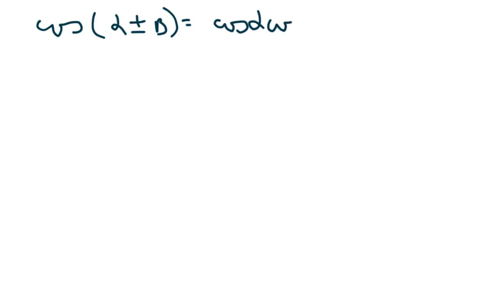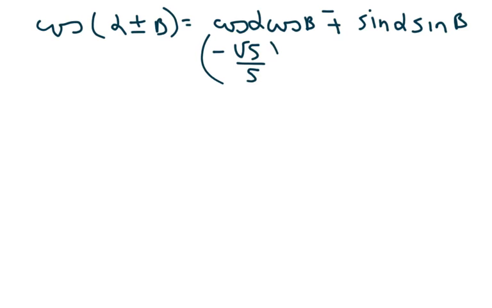Let's see what happens with cosine. So we have cosine of alpha plus or minus beta equals cosine of alpha, cosine of beta, minus plus sine of alpha, sine of beta. I'm just going to substitute the information I wrote down. Cosine of alpha is negative root 5 over 5. And cosine of beta is negative 2 root 5 over 5.